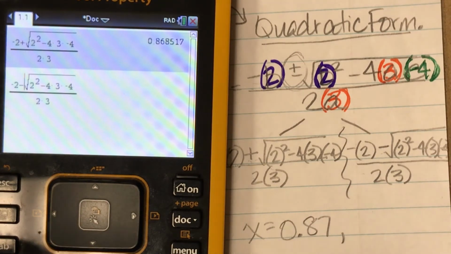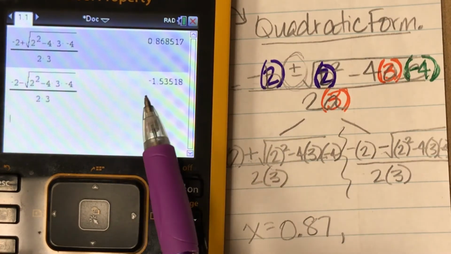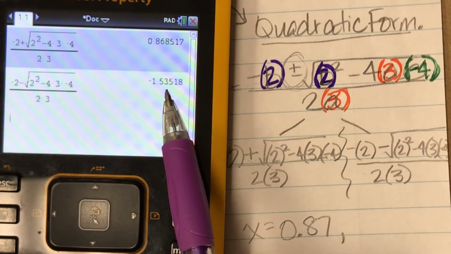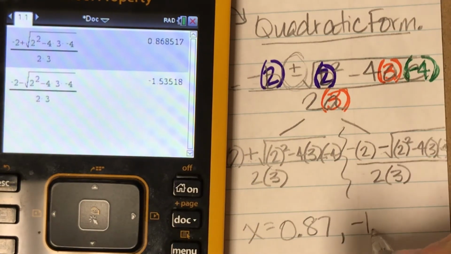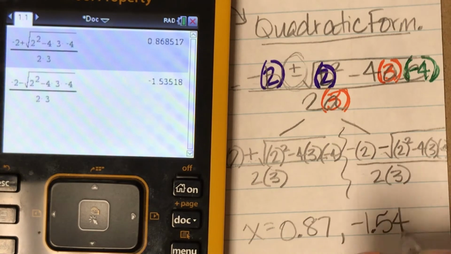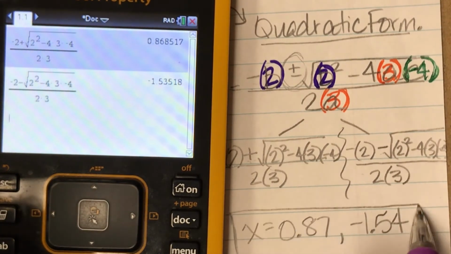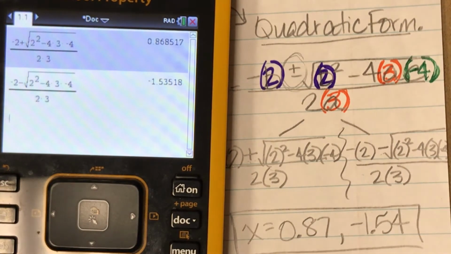And then when I press enter on that one, I get -1.54, rounded up. These answers do not work out clean, okay? That makes sense. This was a problem that didn't work through the 2 easy methods, so it makes sense that it's going to end up with a nasty number.